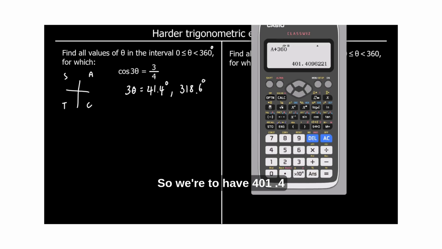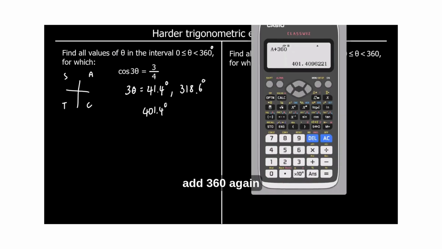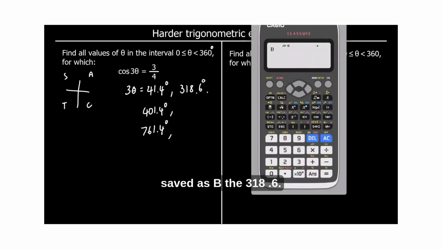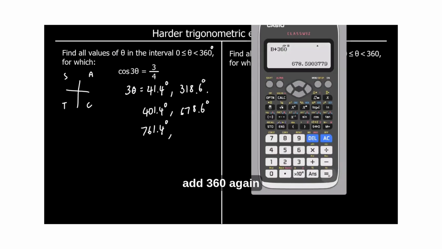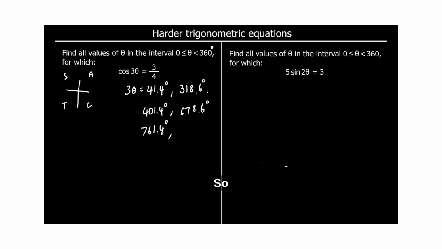So we're going to have 401.4 degrees, and add 360 again, 761.4 degrees, and the same with the answer we've saved as B, the 318.6, add 360, 678.6, and add 360 again, 1038.6. So there are answers for 3 theta.